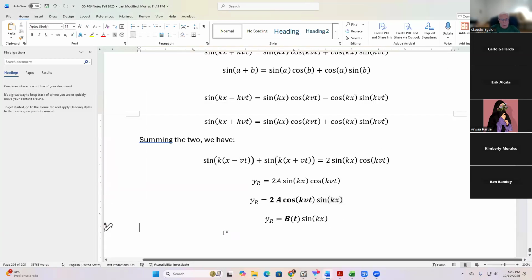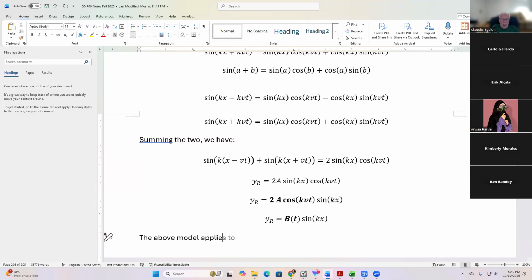The above model applies to the string of a guitar with both ends fixed, where the ends have zero amplitude.